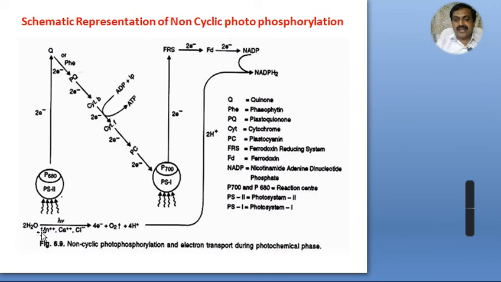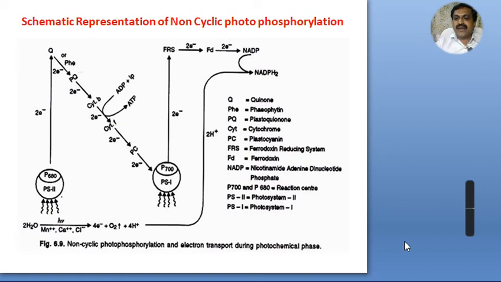Water molecules are there. Splitting up of water molecules into H plus and OH minus ions is called photolysis of water. That takes place during the light reaction. So these H plus ions, as I told you in the previous slide, are accepted by NADP molecules, forming NADPH2. That is, the reducing agent NADPH2 is formed.